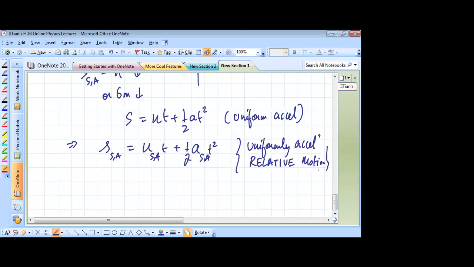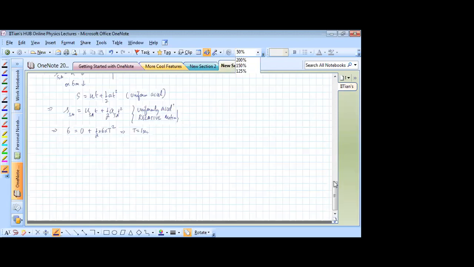And next, all you do is substitute the values. So this is 6 meters equals 0 plus half into 6 into capital T squared. You'll get the time as 1 second.